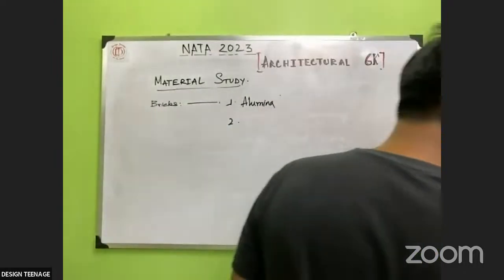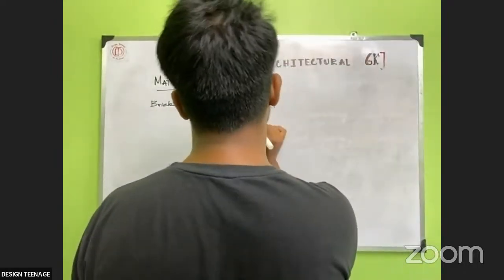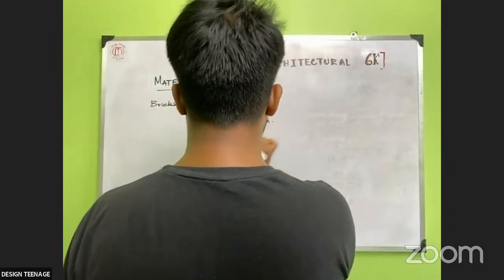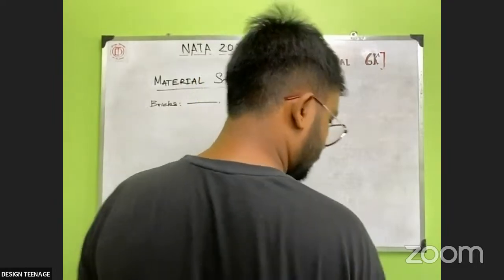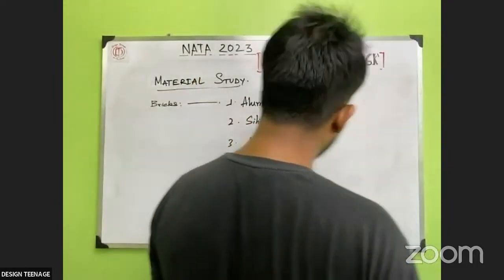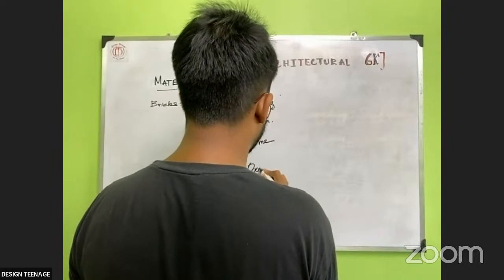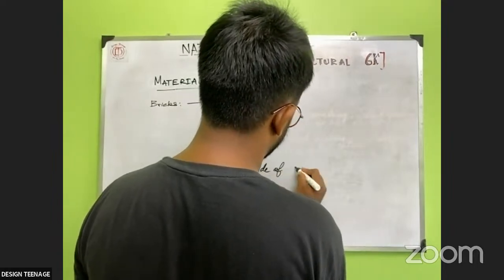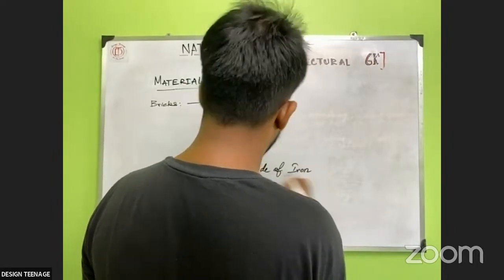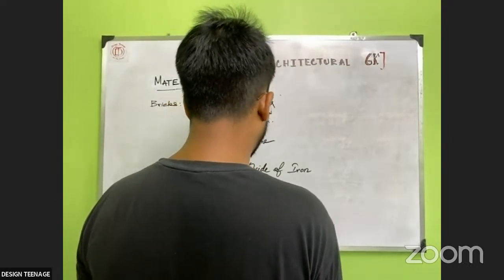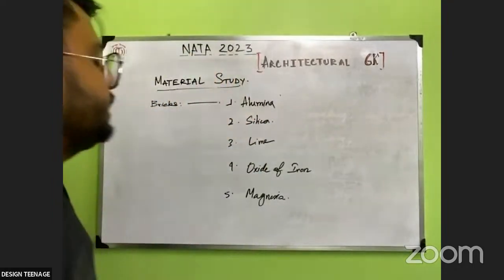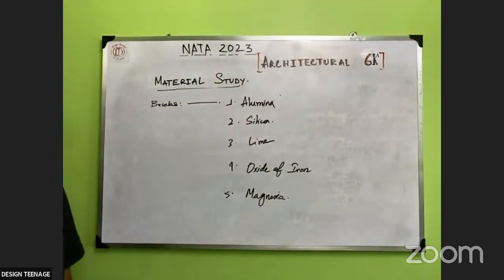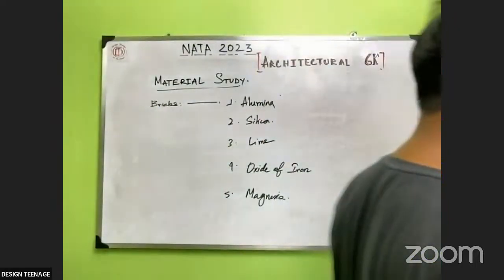Second is silica. Third is lime. Fourth is oxide of iron. Fifth is magnesium. These are the materials of which the brick is composed. Okay. Make sure you have a note of these things.